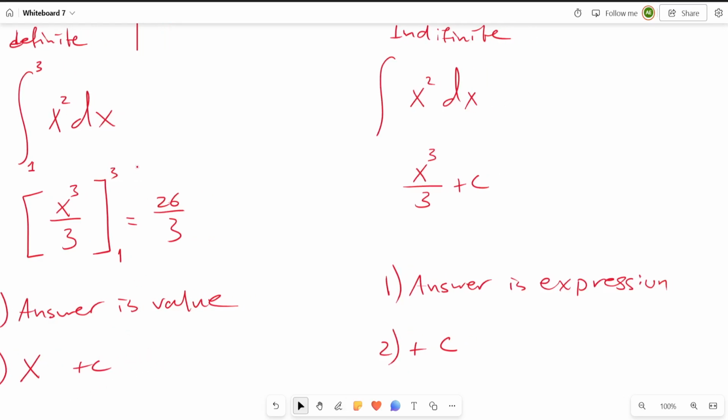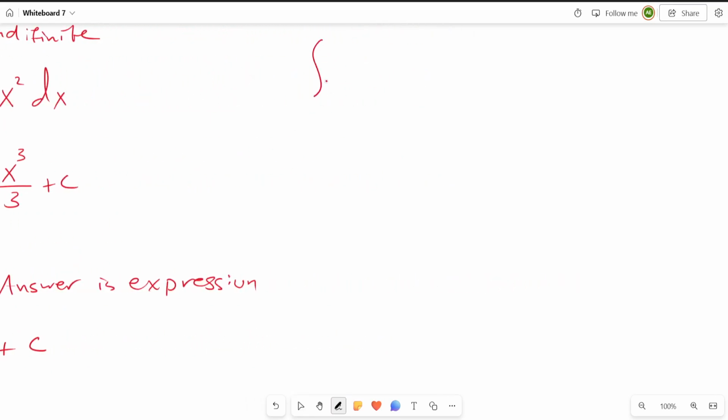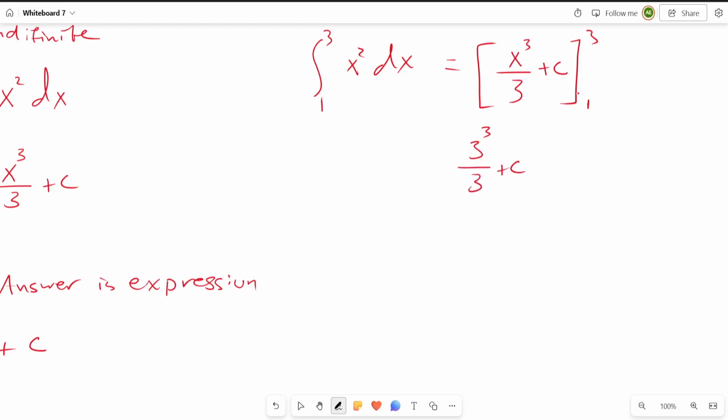Why is that? Super quickly, again the same thing from 1 to 3 of x squared dx. I will integrate, so this is going to be x cubed over 3. Let's say I want to add the constant of integration, so it's going to be plus c. I will show you why we remove it, because over here when we substitute, this is going to be 3 cubed over 3 plus c, that is the first x substituted.